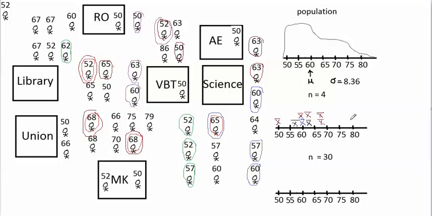Here's a possible sample of 4 people that has a mean height of 80. So it's 4 really tall students. Here's a group of 4 students who aren't especially tall or short, and they have a sample mean in the middle.